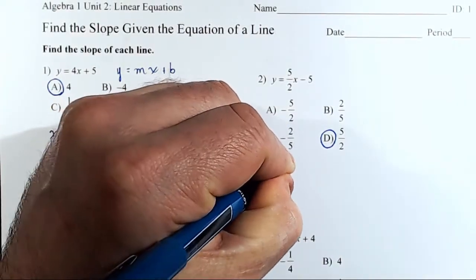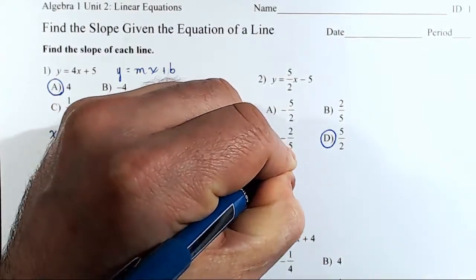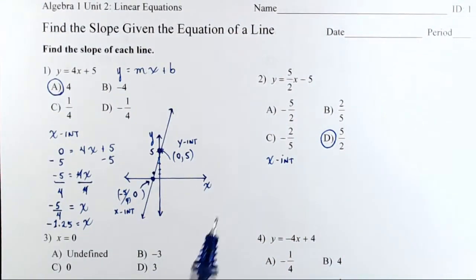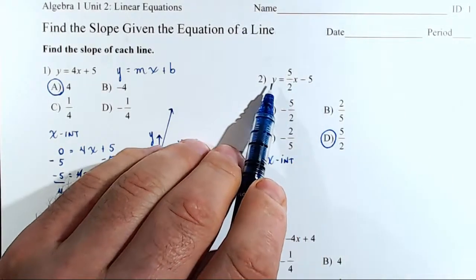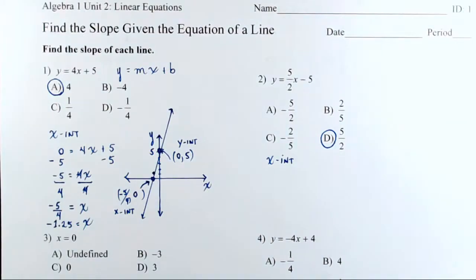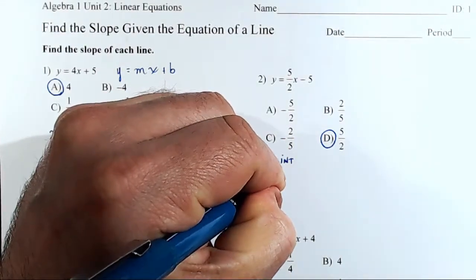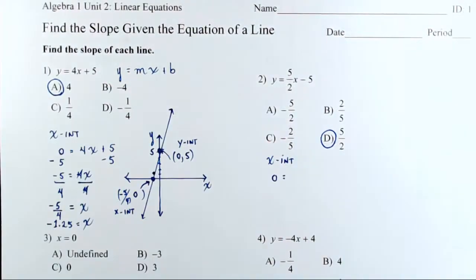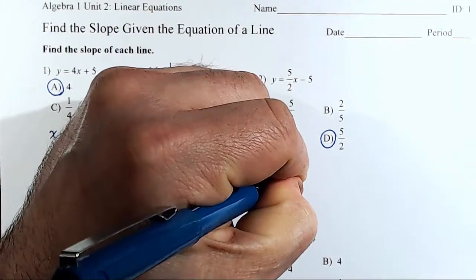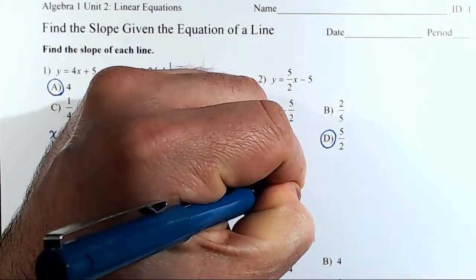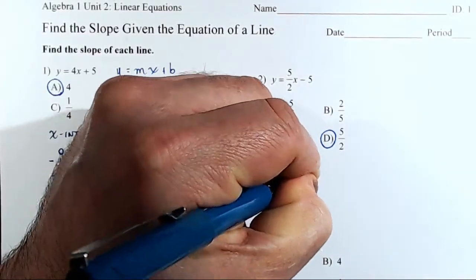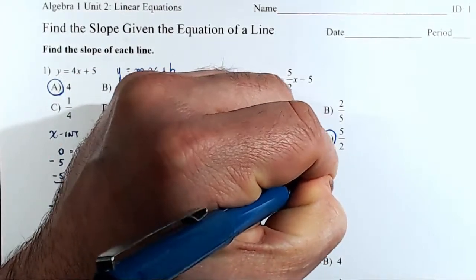We abbreviate that x-int. The way you do that is you just rewrite the equation with y turned into a 0. 0 equals 5 over 2 x minus 5.